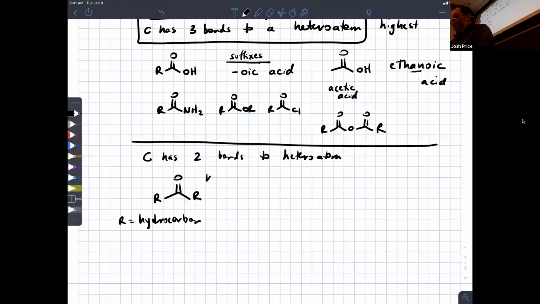So this is a ketone, and its more reactive cousin, the aldehyde. Suffix for the ketone is -one. Suffix for the aldehyde is -al. Prefix for both of them is -oxo.